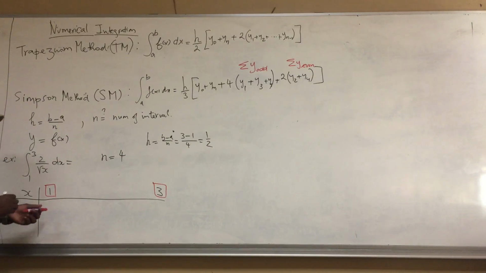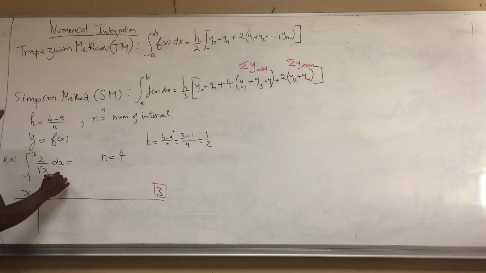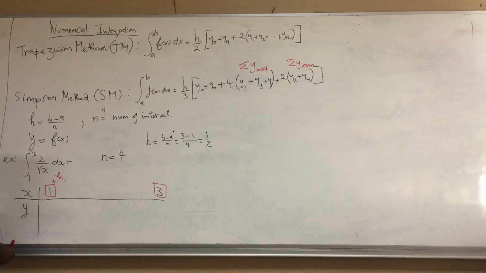Now, how do I find those intervals? You take your first limit and add h, which is 1 over 2.